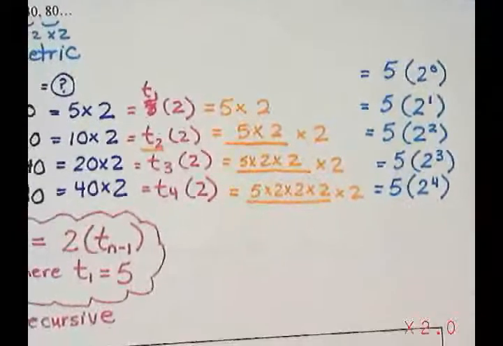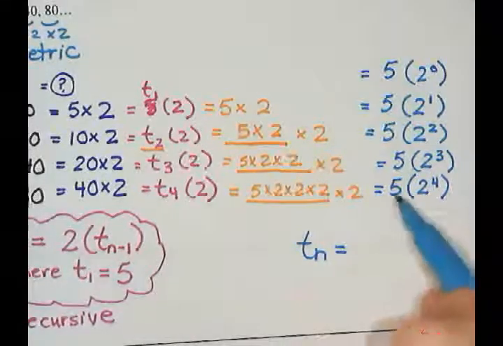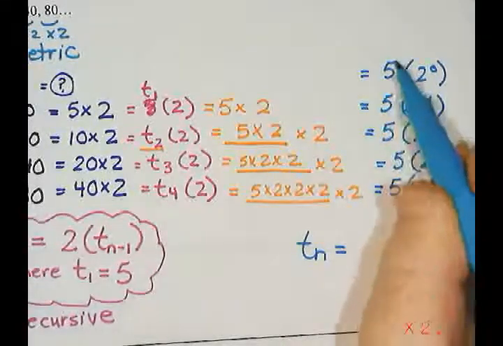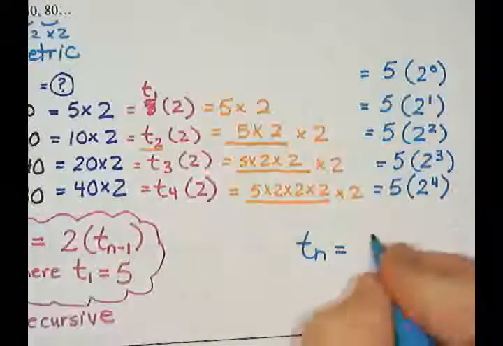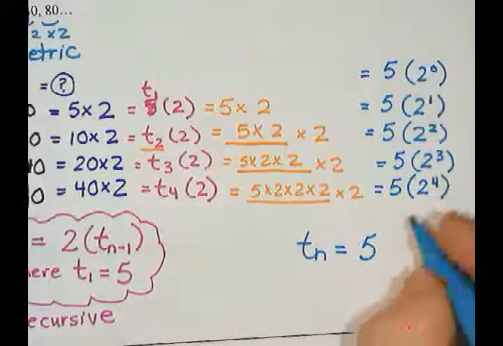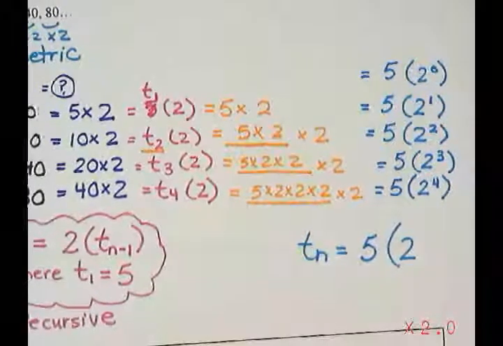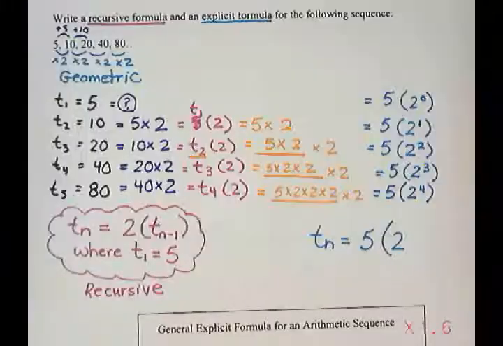So to get my explicit formula for term n, I notice all of these start with the number 5. I notice they all have a base of 2. The only thing that's different on each one is the exponent. So I might have to zoom out to see this whole thing here.